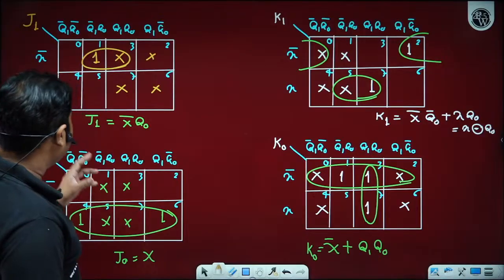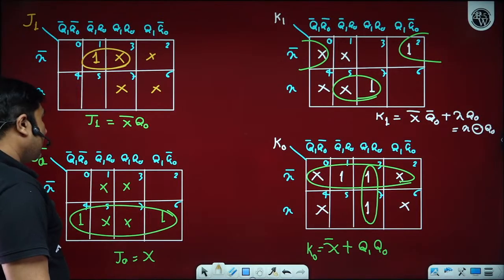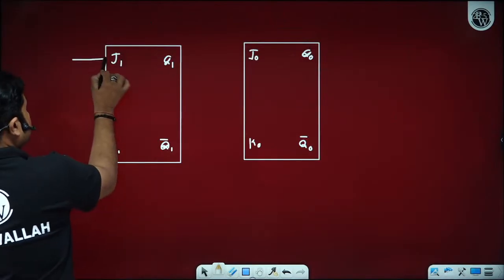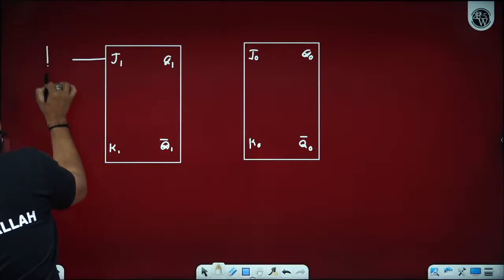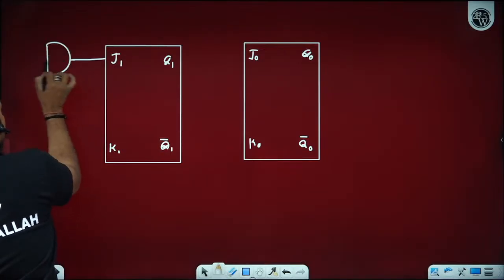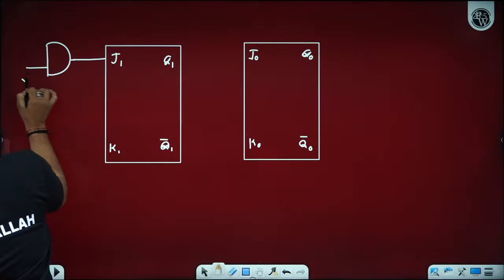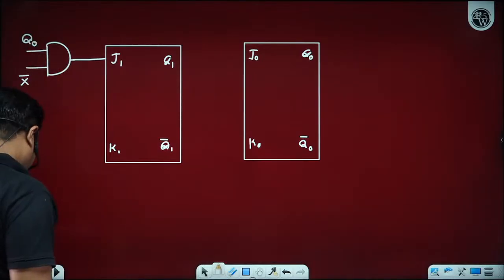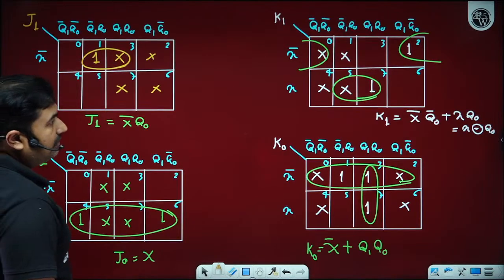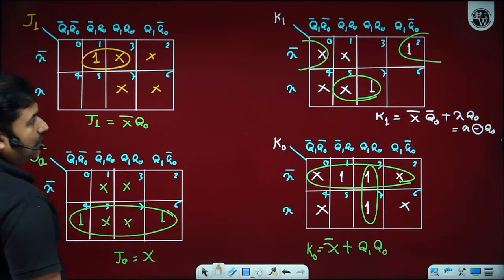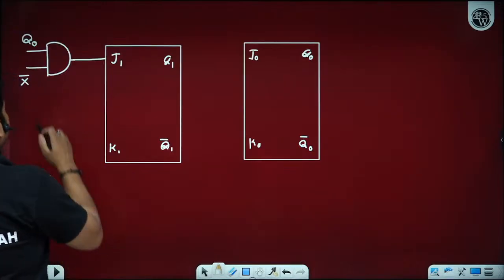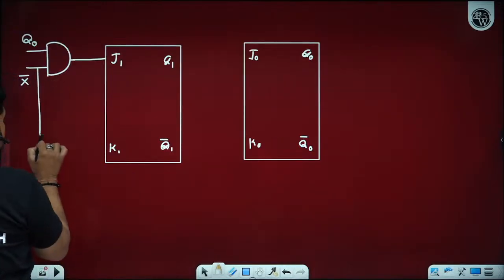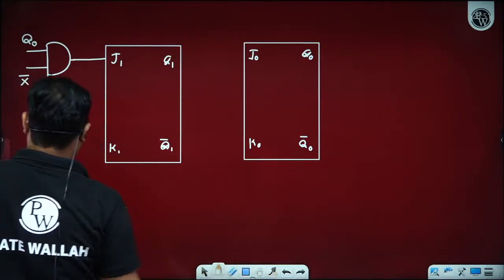Now please observe what is J1. J1 is X bar Q0. So it is coming with an AND of X bar and Q0. K1 is X XOR Q0.